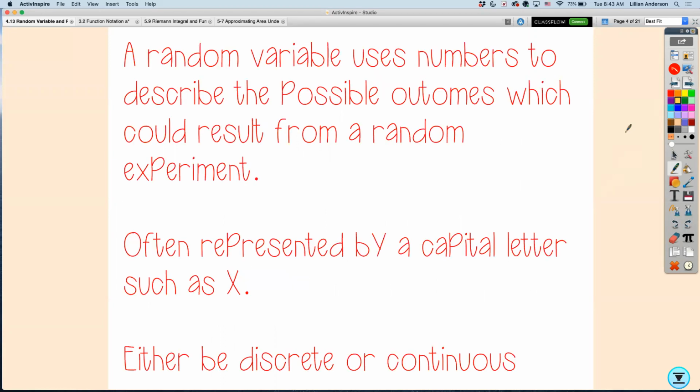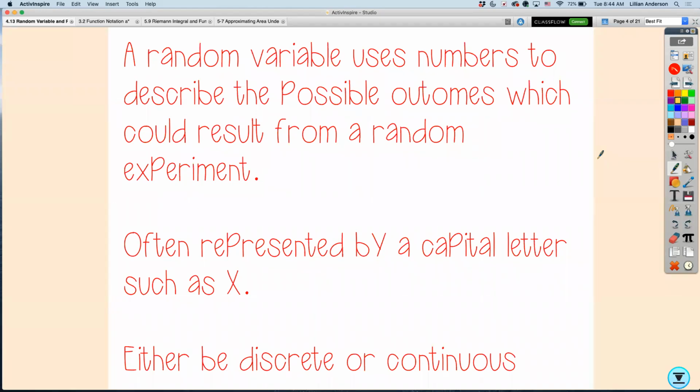Now, when you do that, you're dealing with some type of random variable. A random variable uses numbers to describe the possible outcomes which could result from a random experiment.